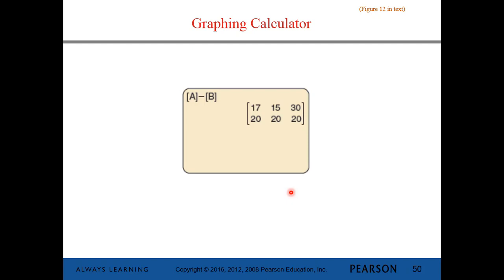Now, we could do this in the calculator easily. We can create our matrices under the matrix menu under Edit. So if you go into the matrix menu under Edit, you can create a matrix A and B. And then, under the same matrix menu, you can do the matrix math by just plugging in matrix A minus matrix B, and it will give you the end result, as long as they are the same size.